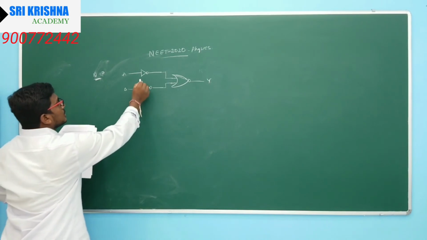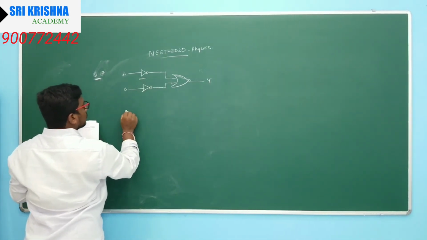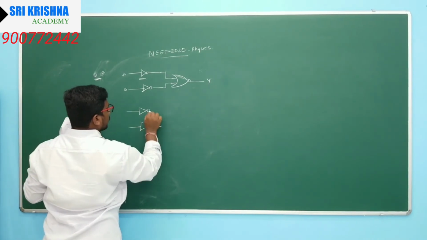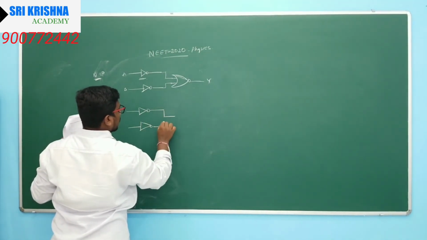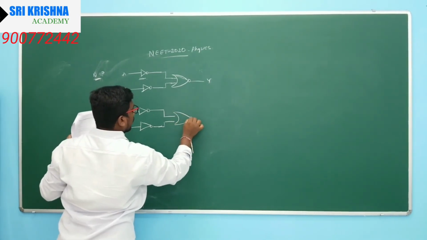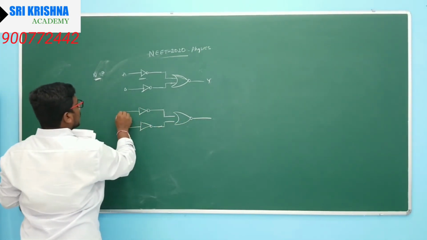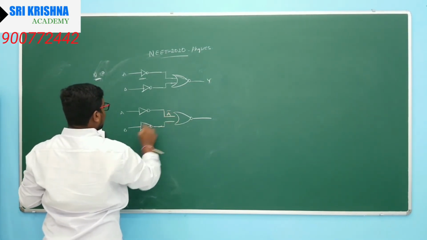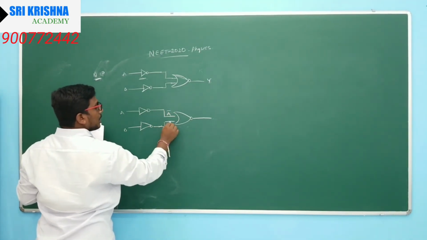If you observe, this is a NOT gate, so A will become A bar and B will become B bar here.